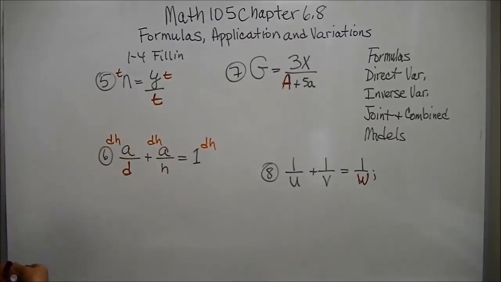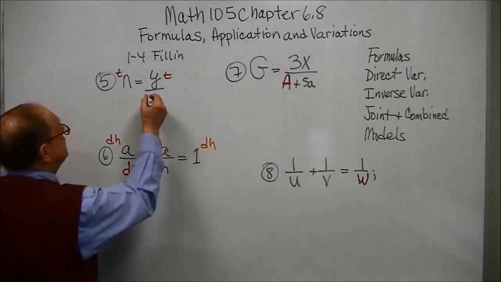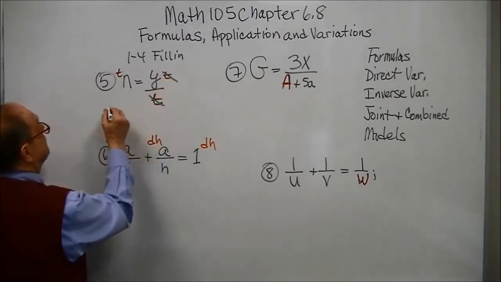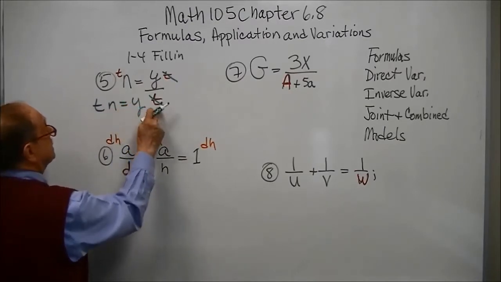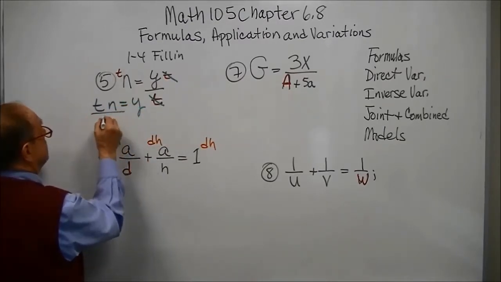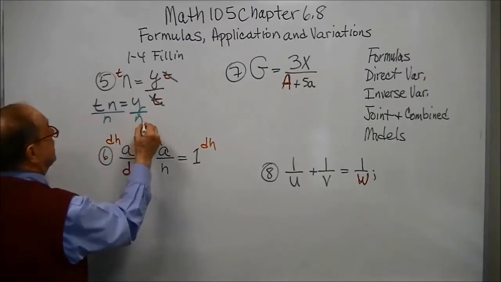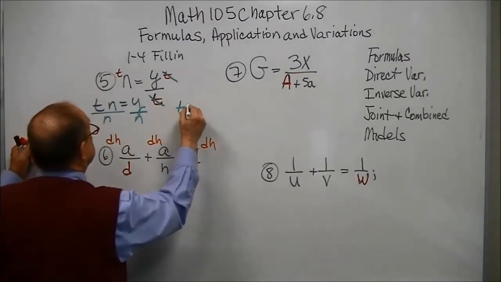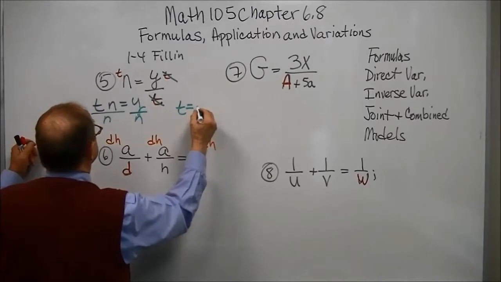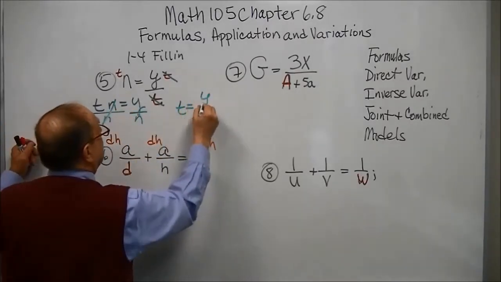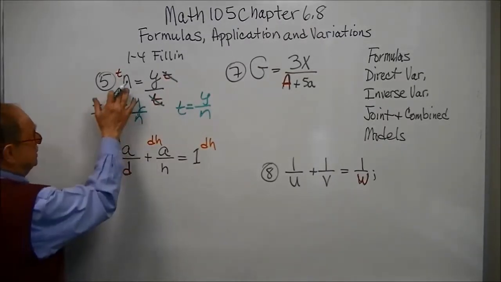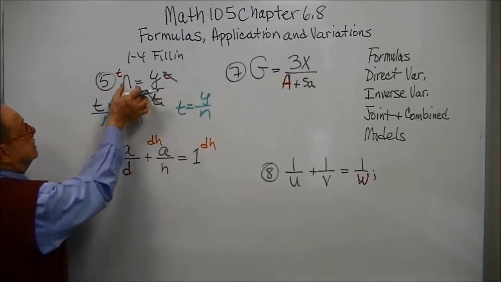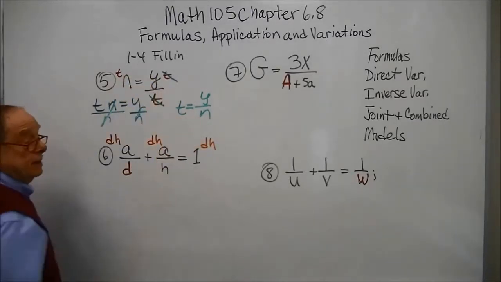Now, since we are multiplying each term by T, here the T's cancel out, and we're now left with Tn equals Y, and we want to solve for T. So now we just divide by N. And we end up with T equals Y over N. Now, a shortcut would be when you see something like this, you can just reverse these, which is what we've done.